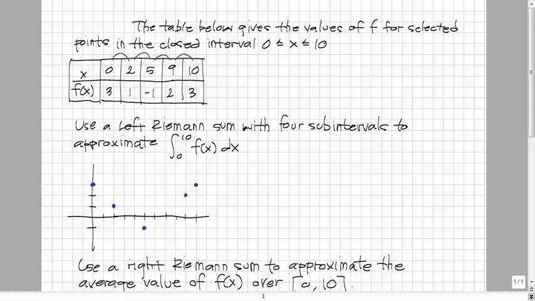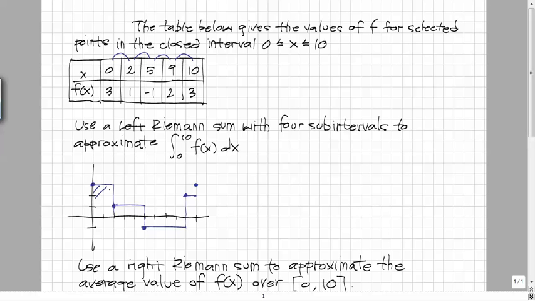Because it's a left Riemann sum, the height of each of the rectangles that we make is going to be based off the outputs at the left side of the interval. So we have a height of 3 over our first interval that has a width of 2, a height of 1 over our second interval that has a width of 3, a height of -1 over our third interval that has a width of 4, and a height of 2 over our final interval that has a width of 1.